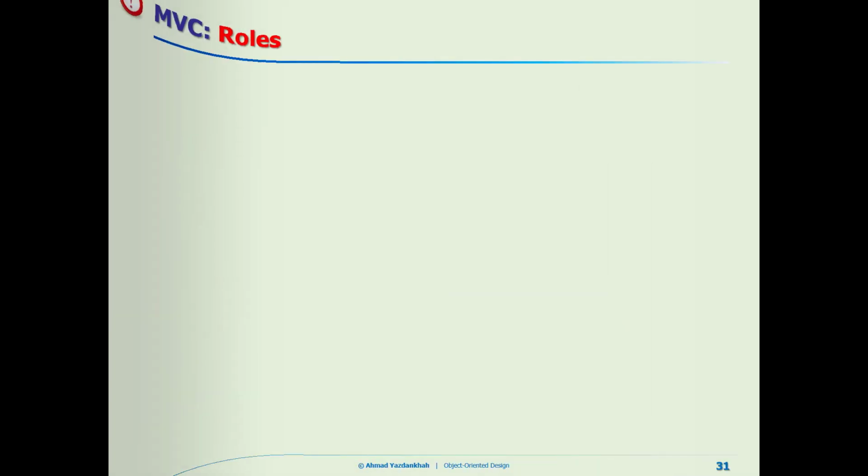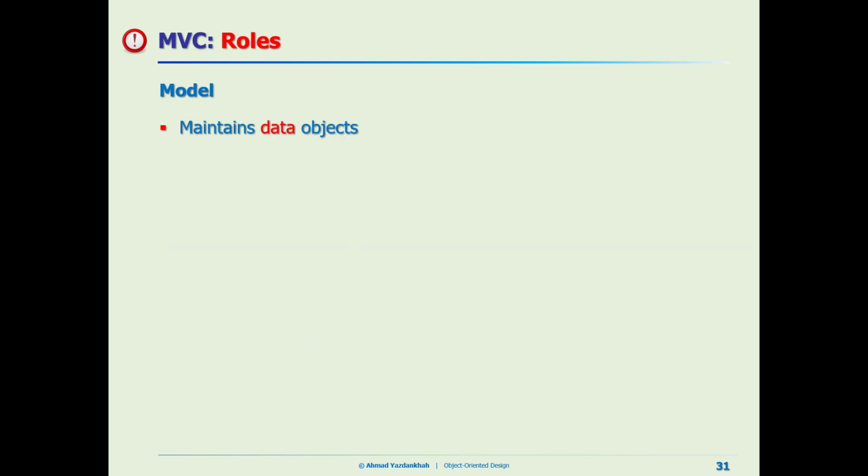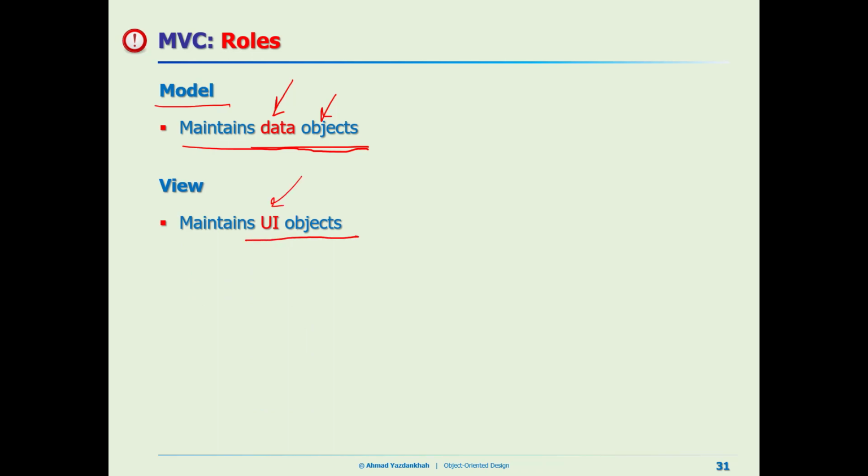Very briefly, what is the model? The model's job is to maintain the data objects. Actually, maintain is the better word for that. What about the view? The view's job is to maintain the UI objects, the user interface.